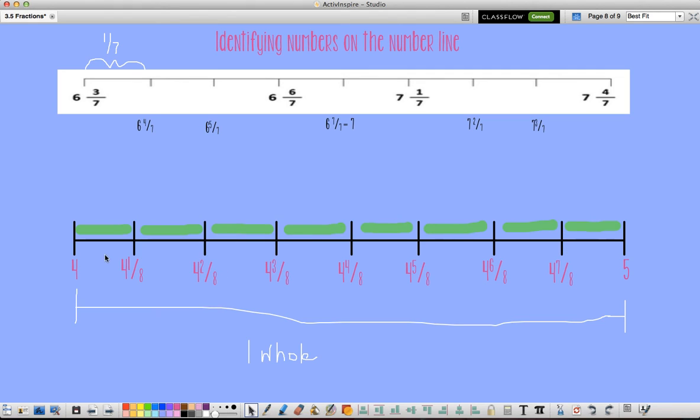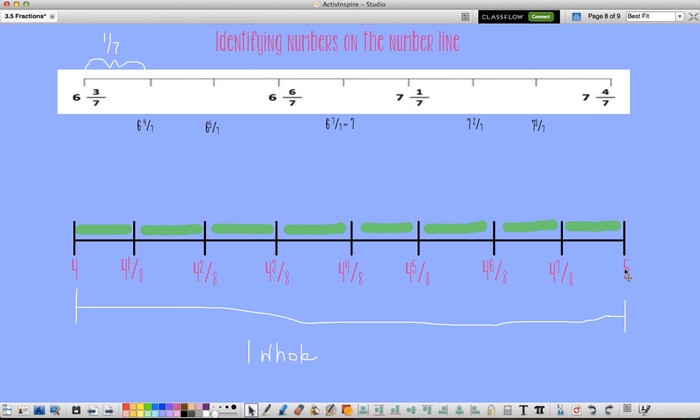Because like I said, people like to count the lines and then they say 7. Well, here we would have gotten to 7/7. And I know that 7/7 equals 1 whole, but I wouldn't have been to another whole yet. I would have had this whole small group here. So count the spaces in between, and that will tell you how many parts you broke that whole group into.